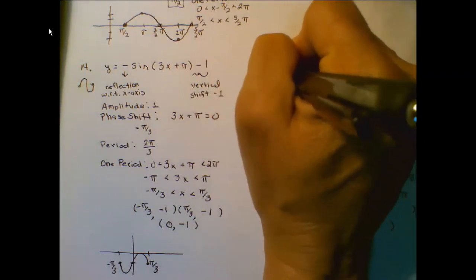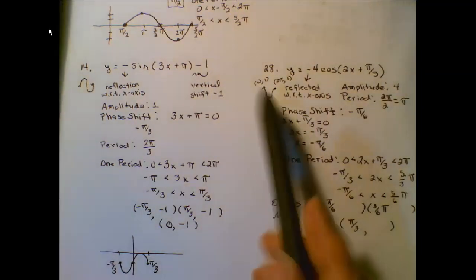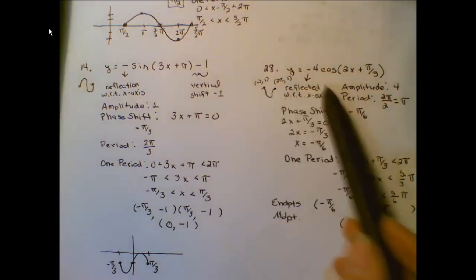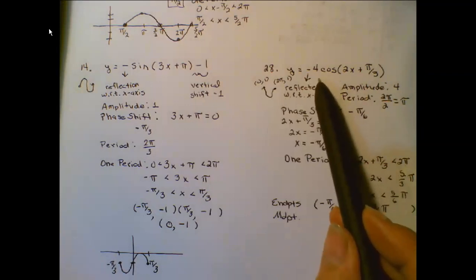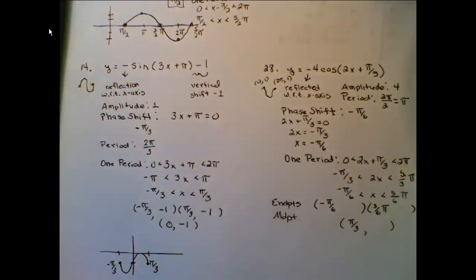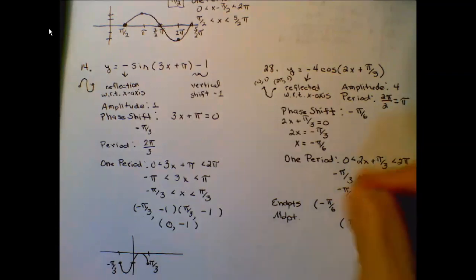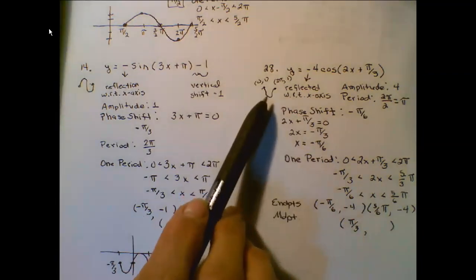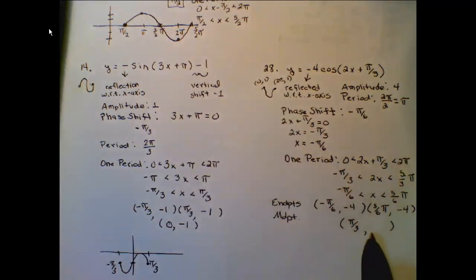And cosine of 2 pi is also 1. So normally at its endpoints, cosine hits 1, but this has been flipped and multiplied by 4. So where it would normally hit 1, it's going to hit what? Negative 4. And where it would normally hit negative 1, it's going to hit what? Positive 4.